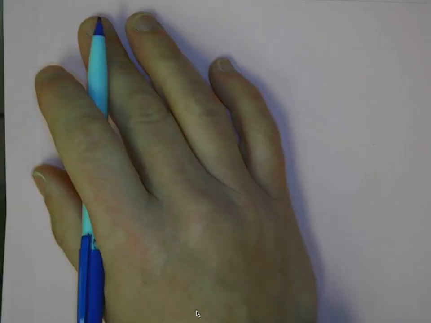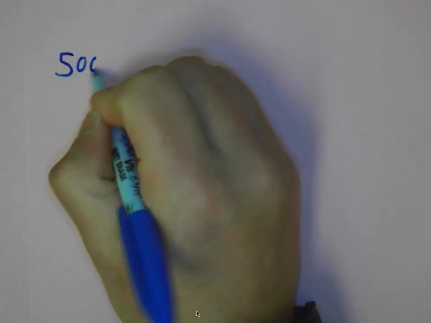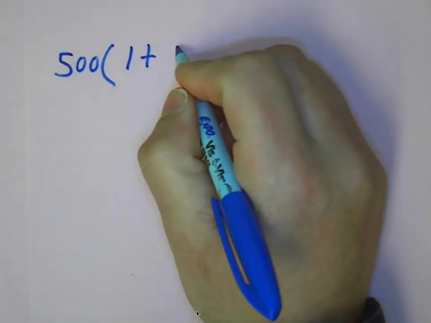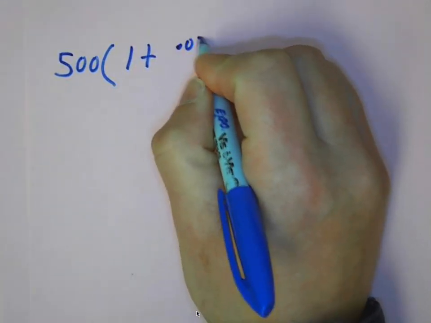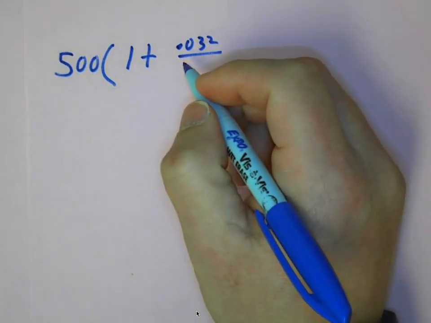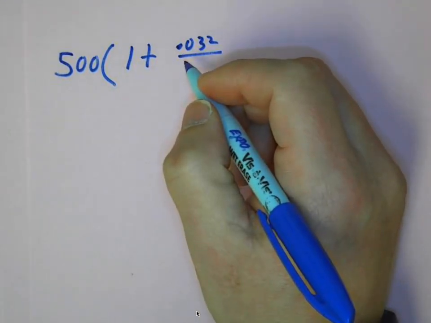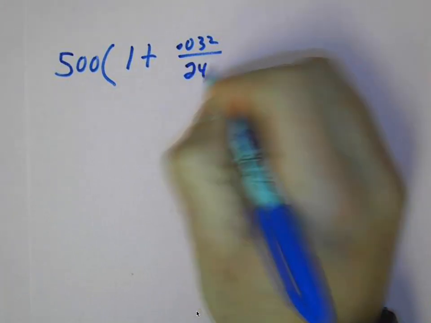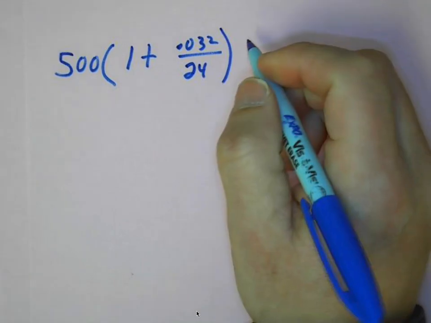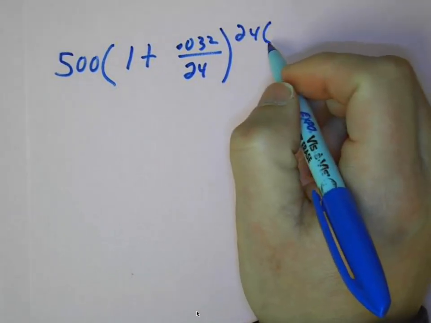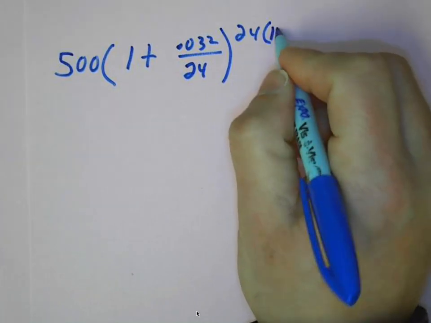With this one, we're putting 500 in for principal. We're going to go 1 plus the interest rate of 0.032, compounded bi-monthly. That's 2 times a month, so that's going to be 24 times in the year. And then time: if she started at 6 and they do it at 18, that's 12 years.